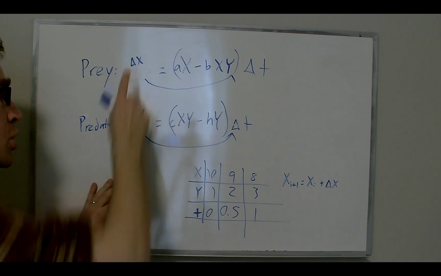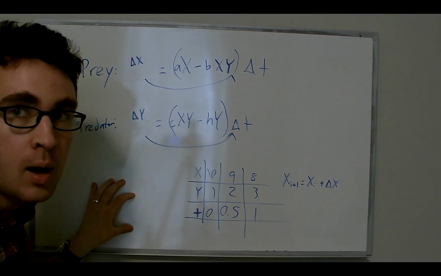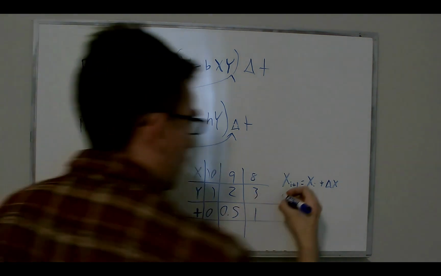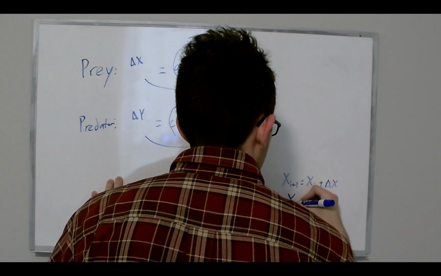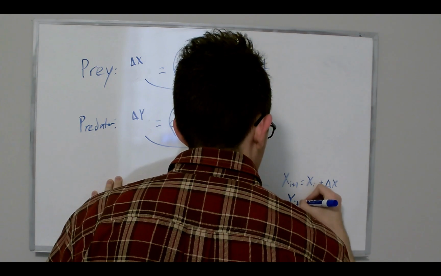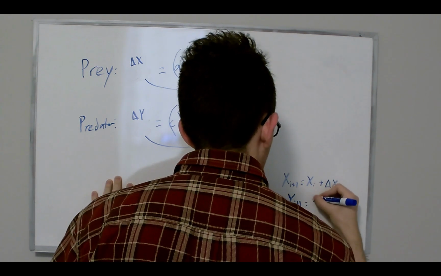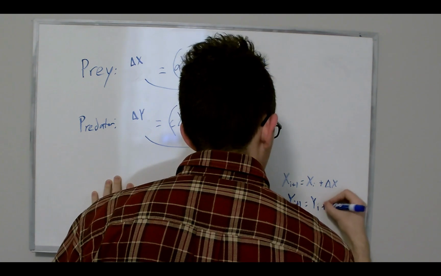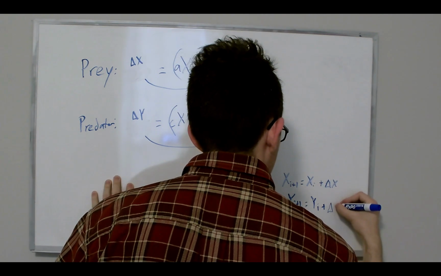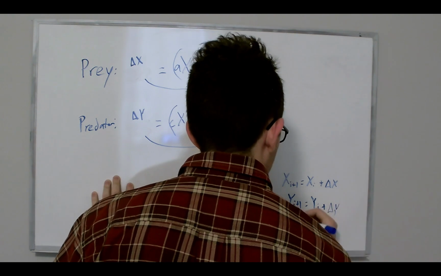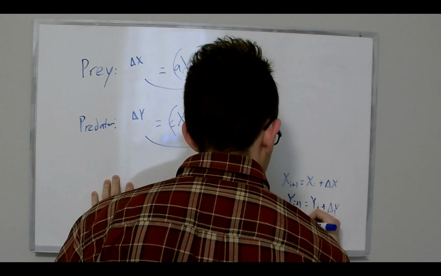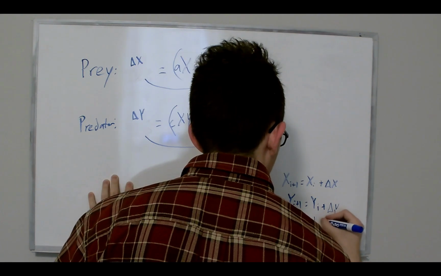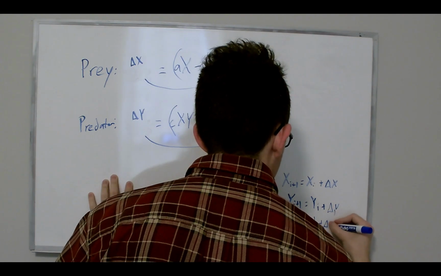Remember, delta x is just the change in x for this time step. And same thing with y: y at index i plus 1 equals y at index i plus delta y. And then t at index i plus 1 equals t at index i plus delta t.